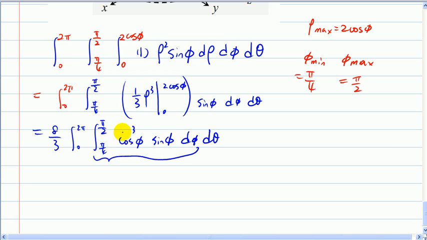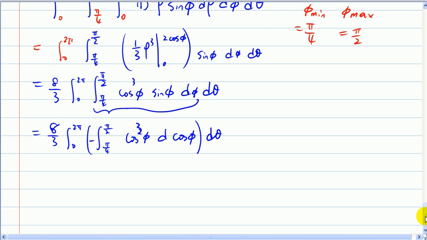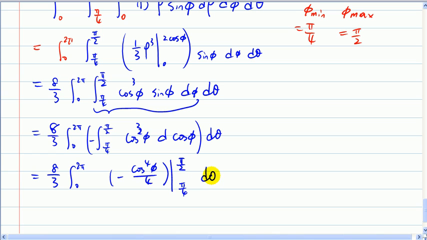Writing it as d cosine phi with a negative sign, with cosine cubed, for the inner integral we get cosine to the power 4 phi over 4, with phi going from pi over 4 to pi over 2, and then d theta from 0 to 2 pi.